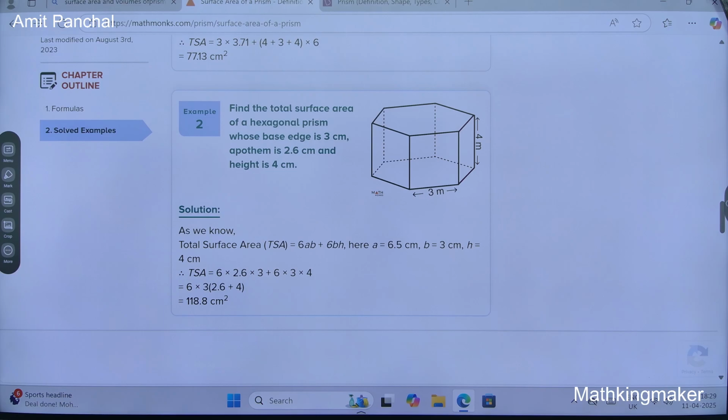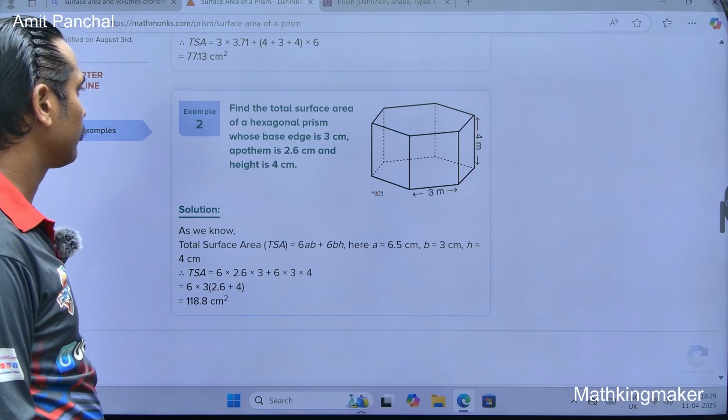So you can directly find out the surface area with the help of apothem. Okay. But how?